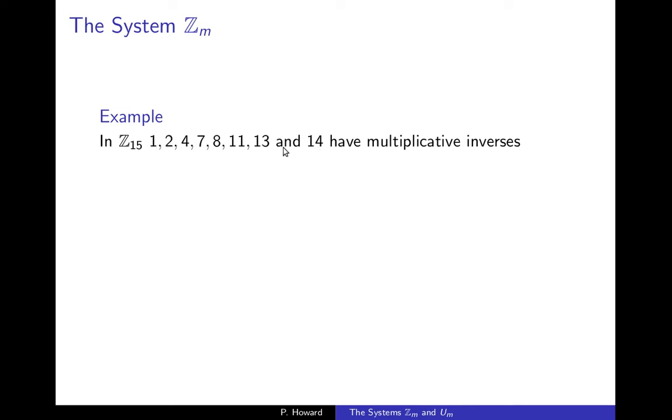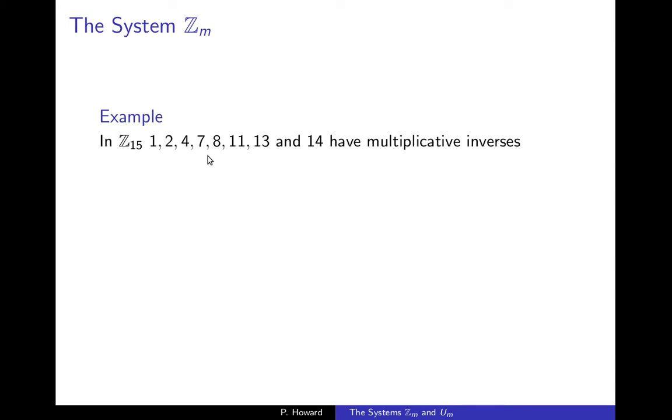All of these elements of Z15 should have multiplicative inverses in Z15. We'll see how you can find them in just a minute.